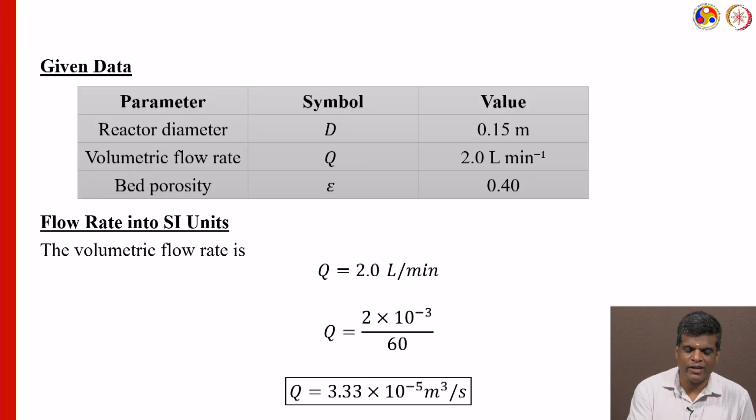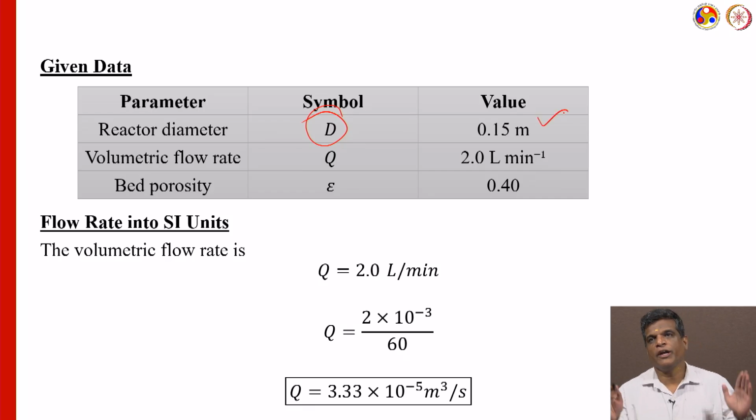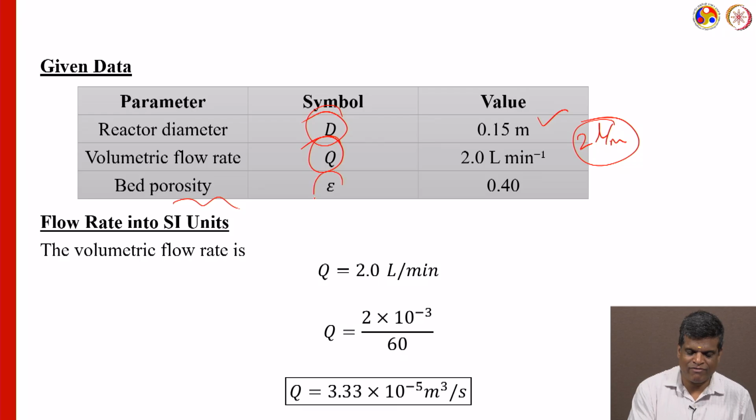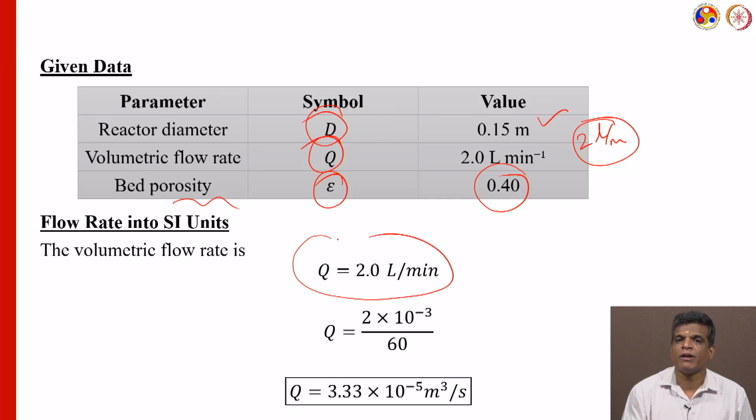The problem already gives the reactor diameter, 0.15 meter. Try to use SI units throughout the problem. Then the volumetric flow rate is 2 liter per minute, and the bed porosity epsilon is 0.40. Now we know Q equals 2 liter per minute; you convert it to meter cube per second. After conversion, we get the Q value in meter cube per second.